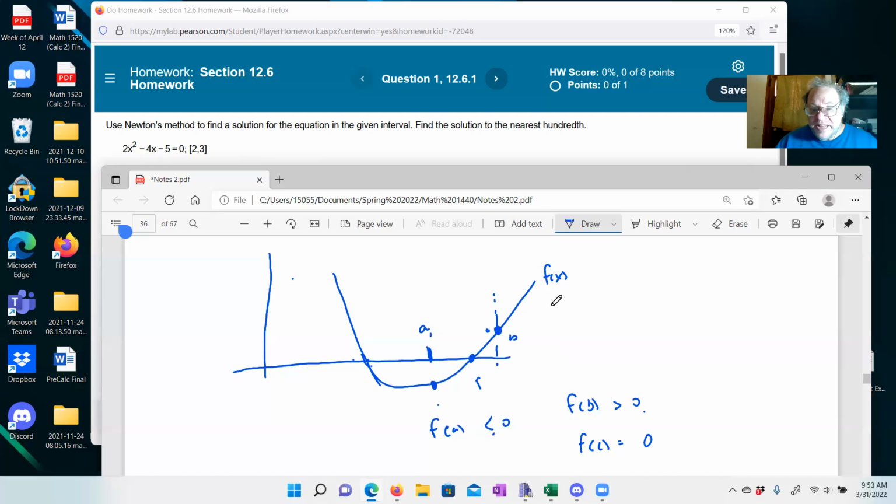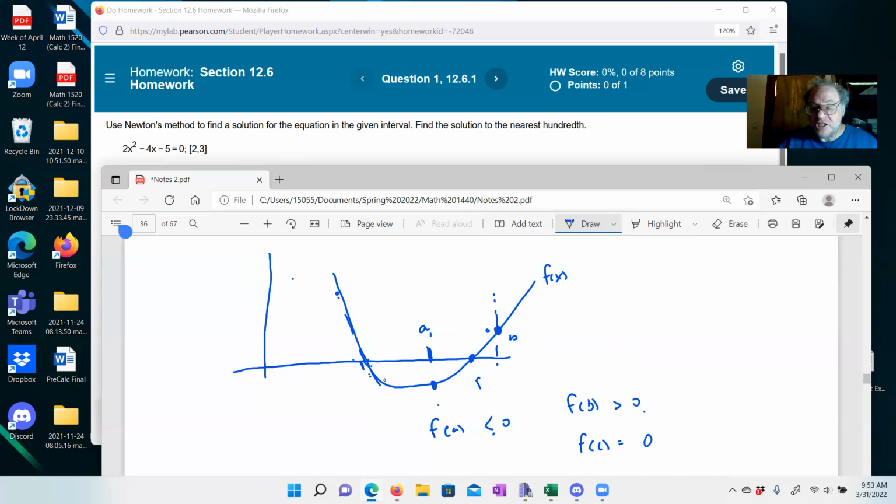So what we're going to be doing is making a guess, which could be b or a, or if you want to pick something else, you can. But generally, you want to pick your b or your a. I'm going to pick whichever one happens to be closer to zero, but it doesn't really matter. The time where it does matter is if you pick a point that is too far away, you might catch another zero.